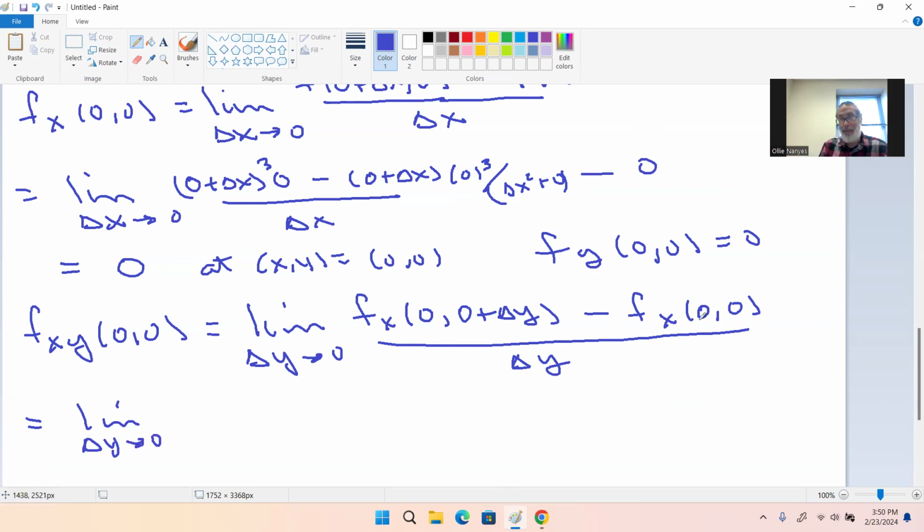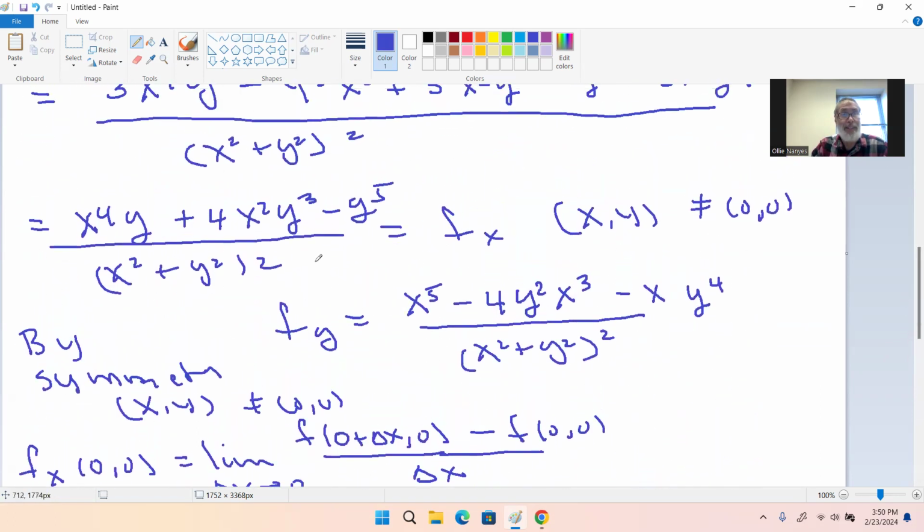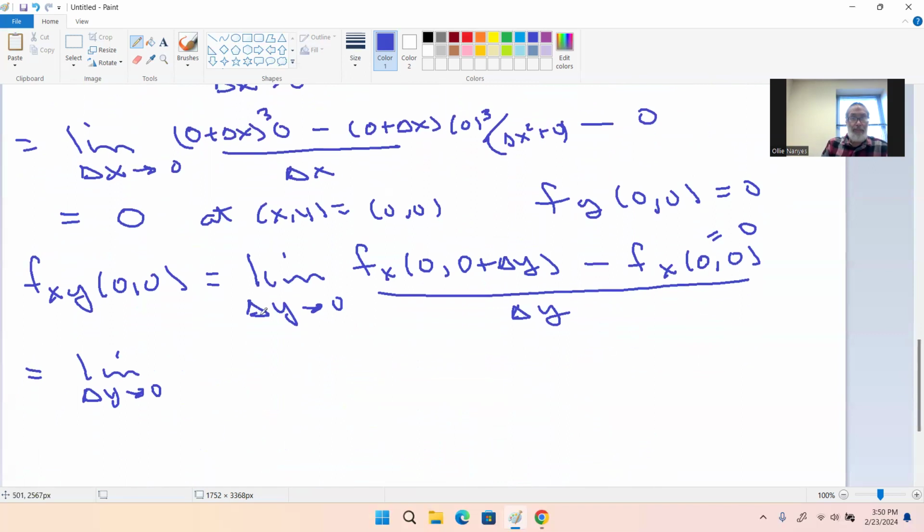Now let's keep in mind what that is. This part here, we already calculated that's going to be 0. What we're going to do now is plug in 0 and 0 plus delta y into this function here, doing the appropriate plug-in.